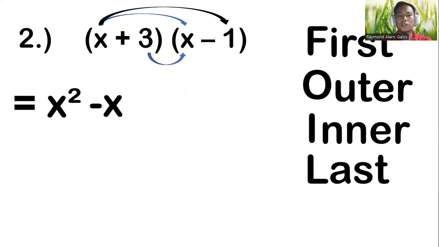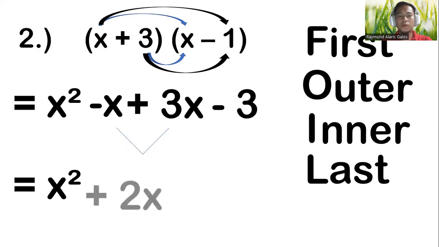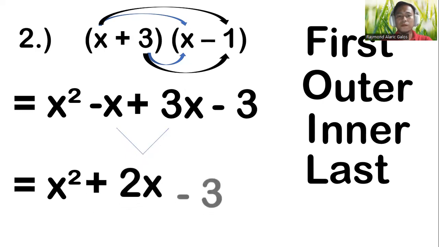Inner terms, 3 times x, will have positive 3x. Then the last terms, we have 3 times negative 1, we have negative 3. Then we are going to combine similar terms. Therefore, we have x squared, sum of the two, positive 2x, and negative 3. So your final answer is x squared plus 2x minus 3.